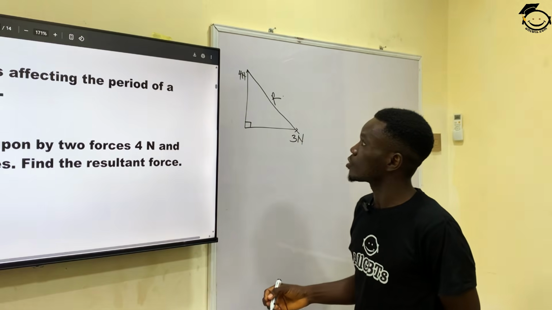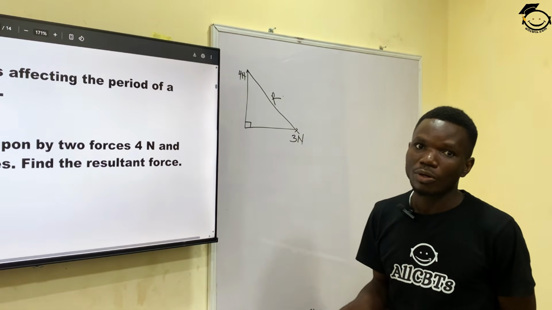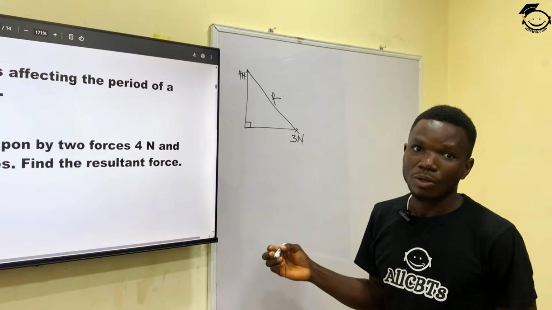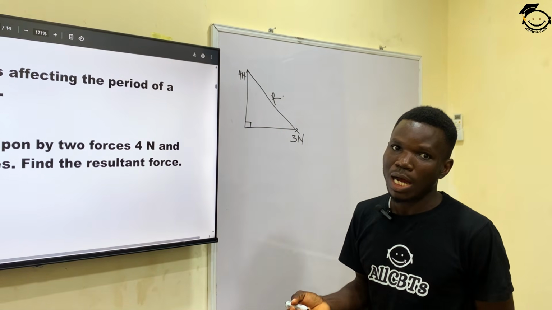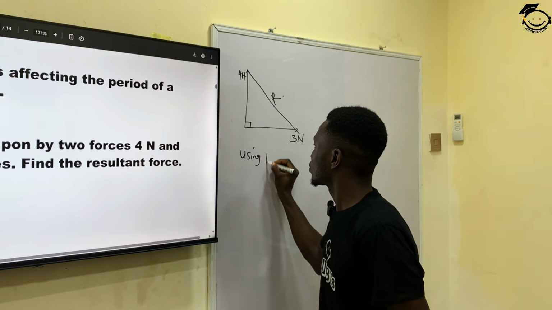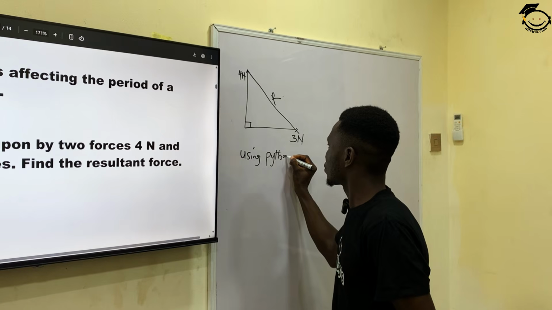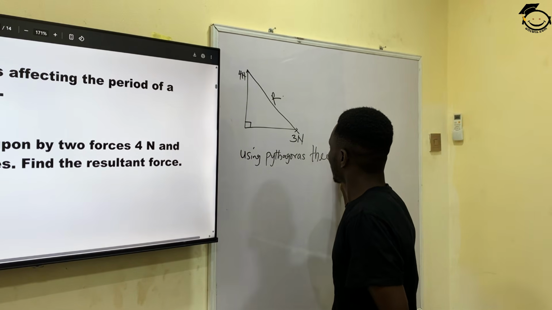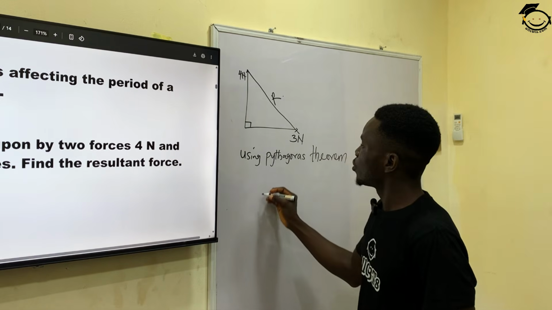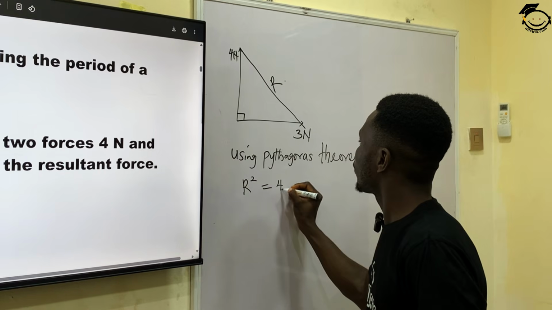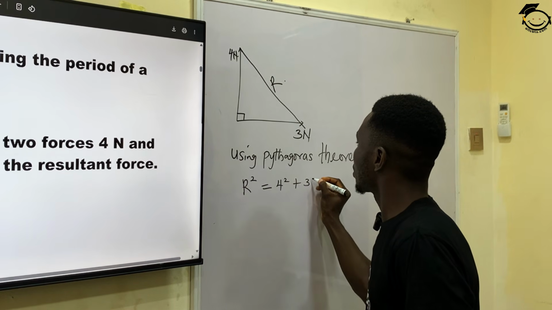So looking at this, you can tell that this is a right angle triangle. And according to the rule of right angle triangle, when you're finding the sides of a right angle triangle, you apply Pythagoras theorem. So we know that resultant squared is equal to 4 squared plus 3 squared.